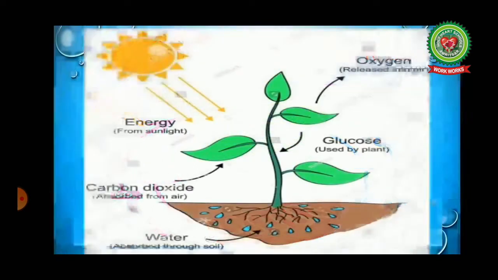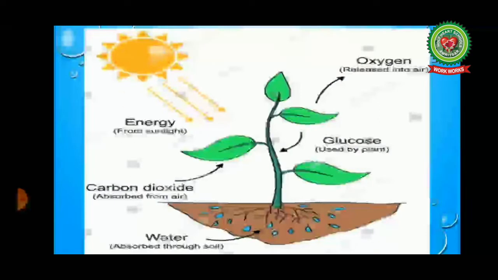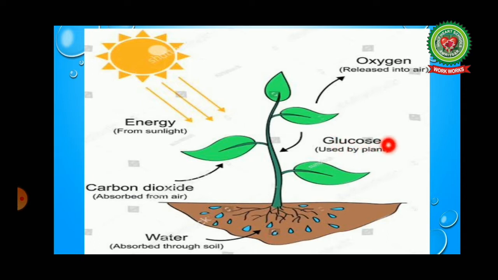Now children, during daytime, sunlight is available and plants prepare food in the form of glucose. The rate at which glucose is synthesized, it is not utilized at the same rate. So, excess glucose is stored in the form of a complex carbohydrate called starch.